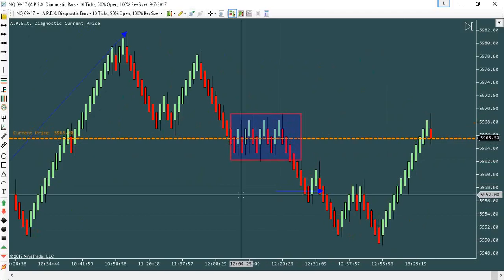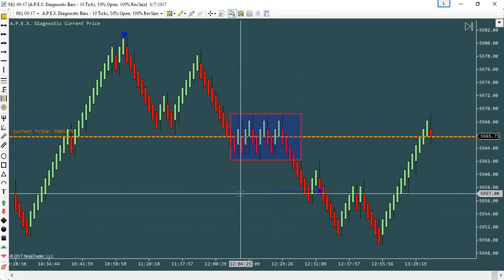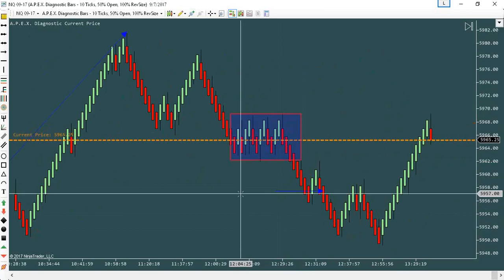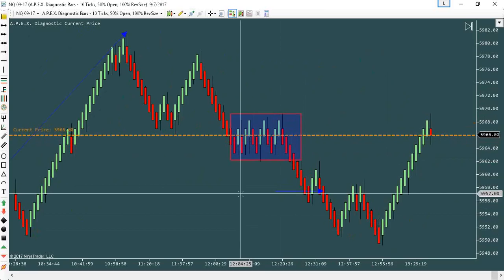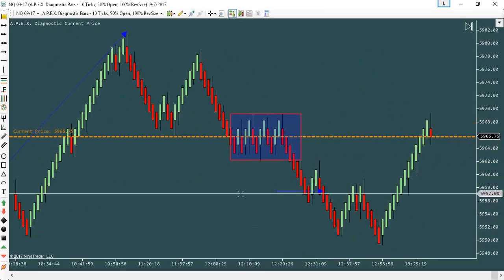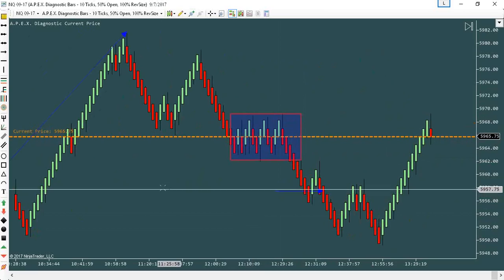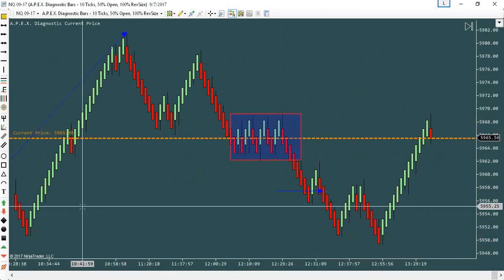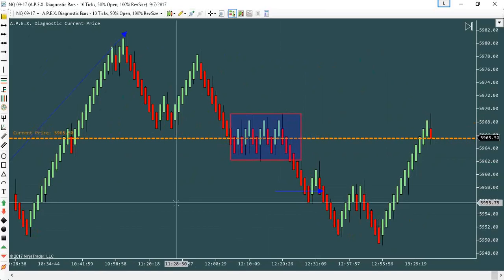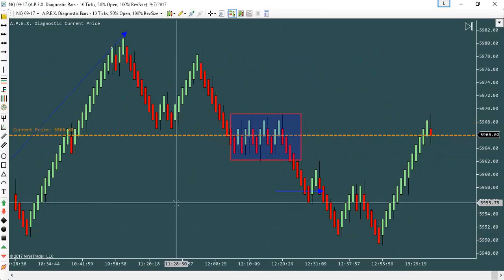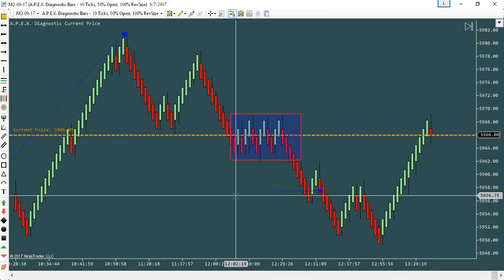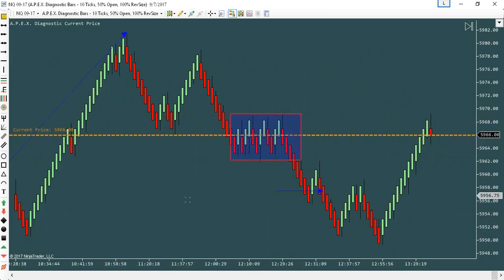I just want to go for a 1-to-1 risk-reward ratio. Everybody understand what that means? 1-to-1 risk-reward? Meaning, do I want to risk $90 to potentially make 10? That's not a good risk to reward, is it?